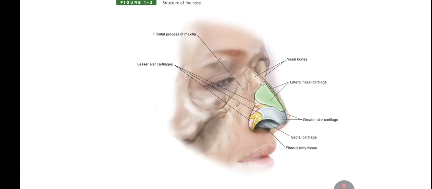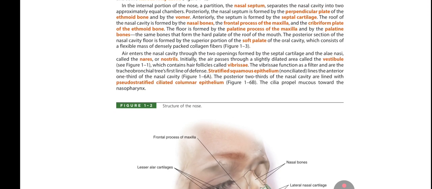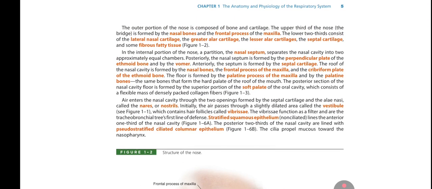Why is it not ethmoid, and why is it not vomer? I can't give you any answer for that as of now since I haven't done my research, but I decided to continue with this. It's a good reflection on what we should focus on and the things we have gaps on.